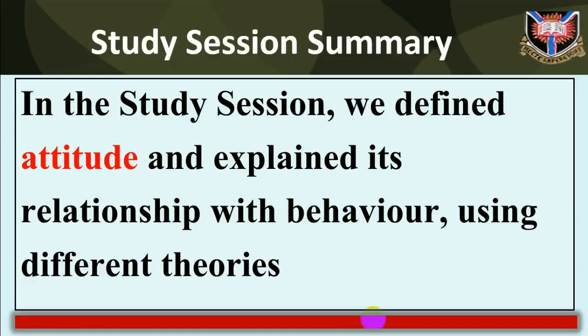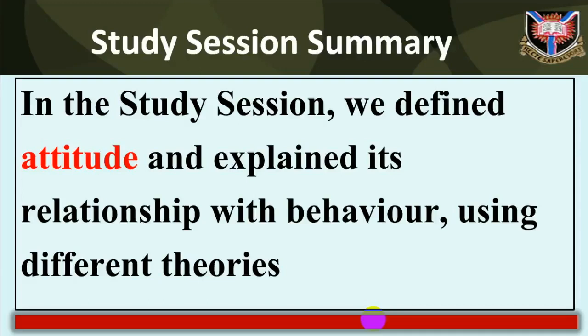Attitudes have functions, which include utilitarian function, ego defensive, value expressive, and knowledge function. Persuasion is an active method of influence that attempts to guide people toward the adoption of an attitude, idea, or behavior by rational or emotive means. Finally, models of persuasion were briefly discussed.